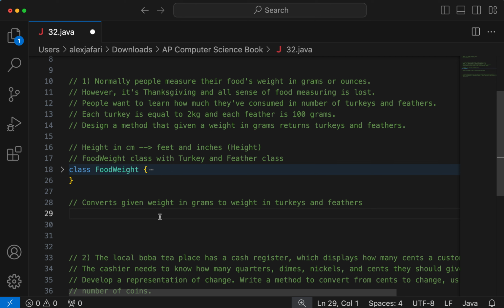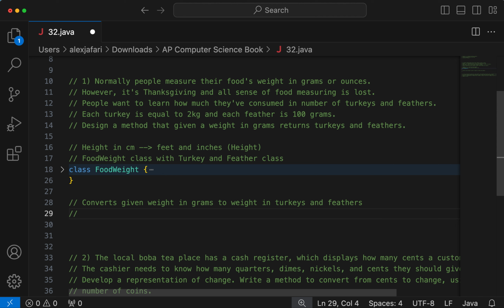What's our signature? What's our input and output? We're in the class food weight, so I think we don't need to fill any inputs. No, we're not in a food weight class. So it's going to be an output, which is an int.